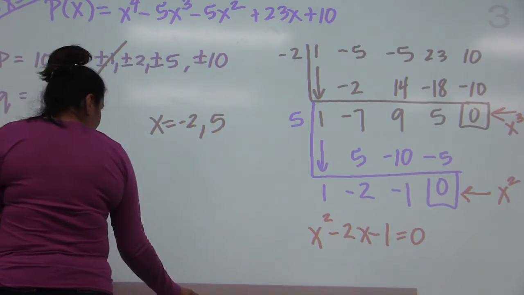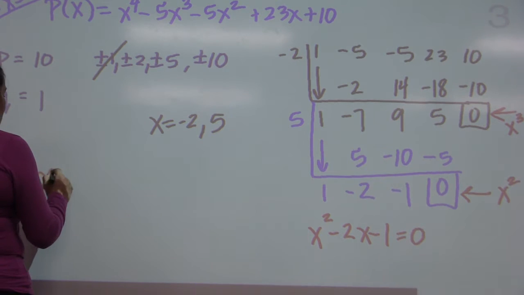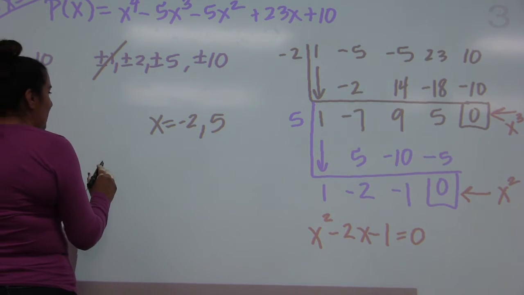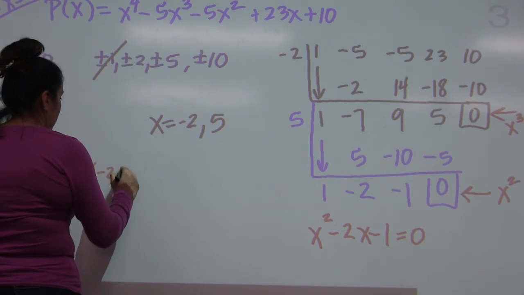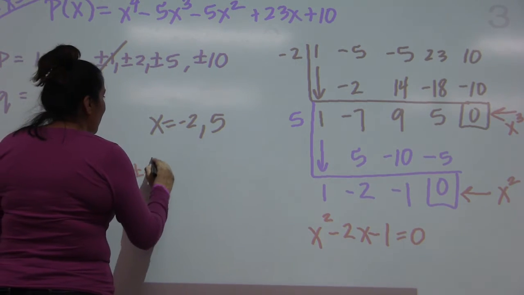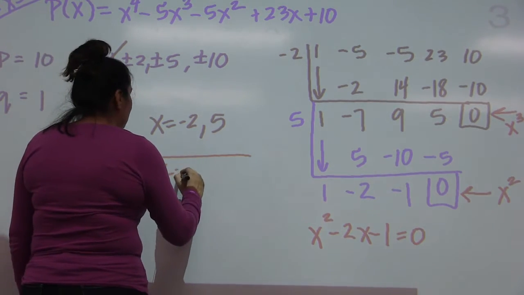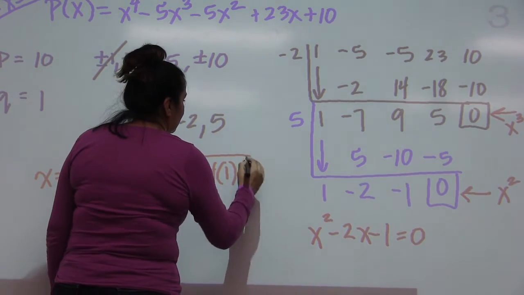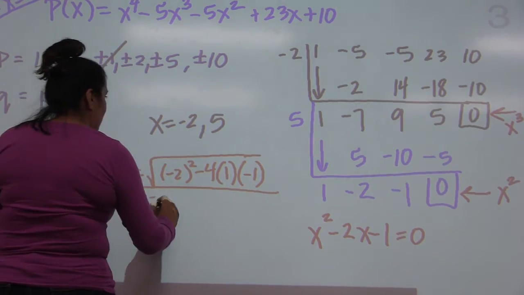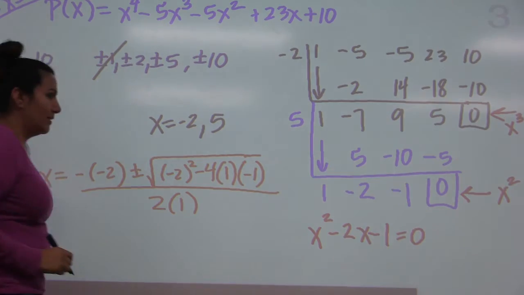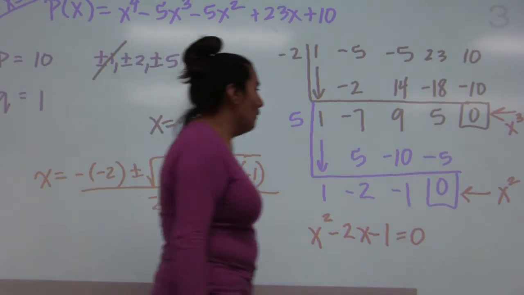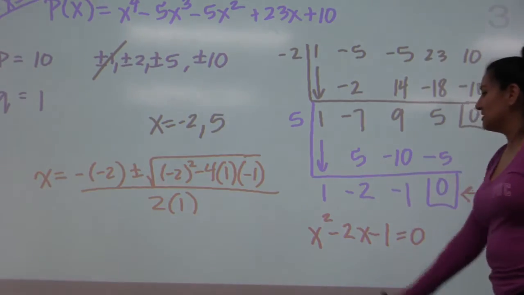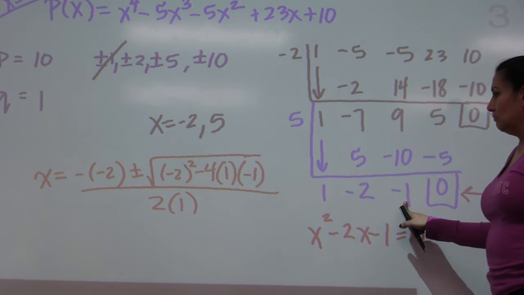So we know that x equals negative b plus or minus radical b squared minus 4ac, all divided by 2a. So basically that's my a, my b, and my c, right?